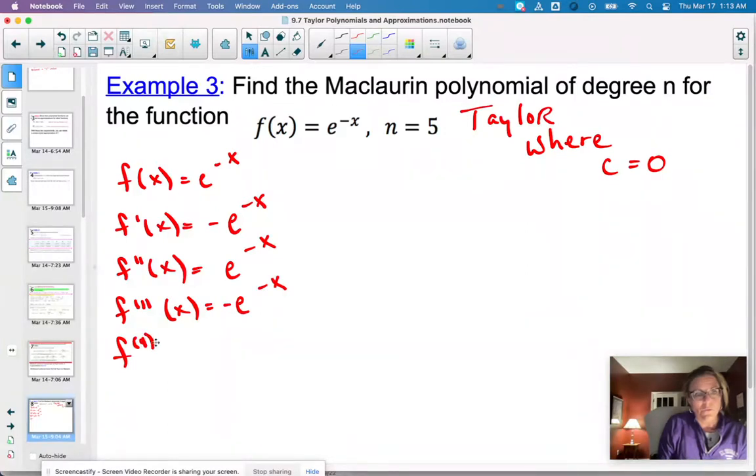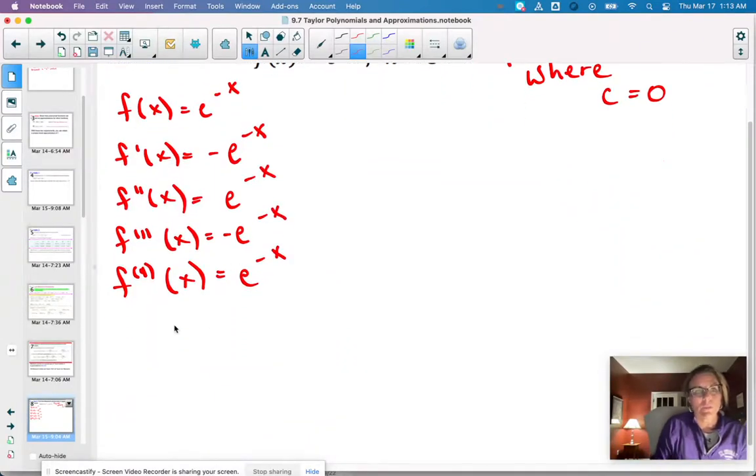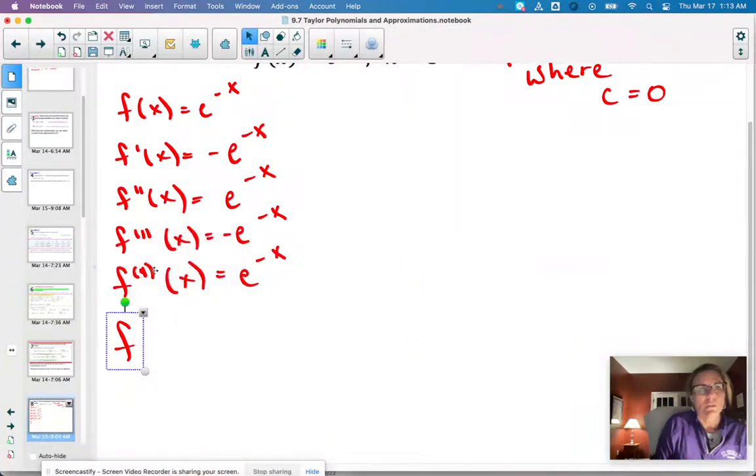And when you get to the 4th derivative, you don't do 4 tick marks, you write a 4. And the 5th derivative.